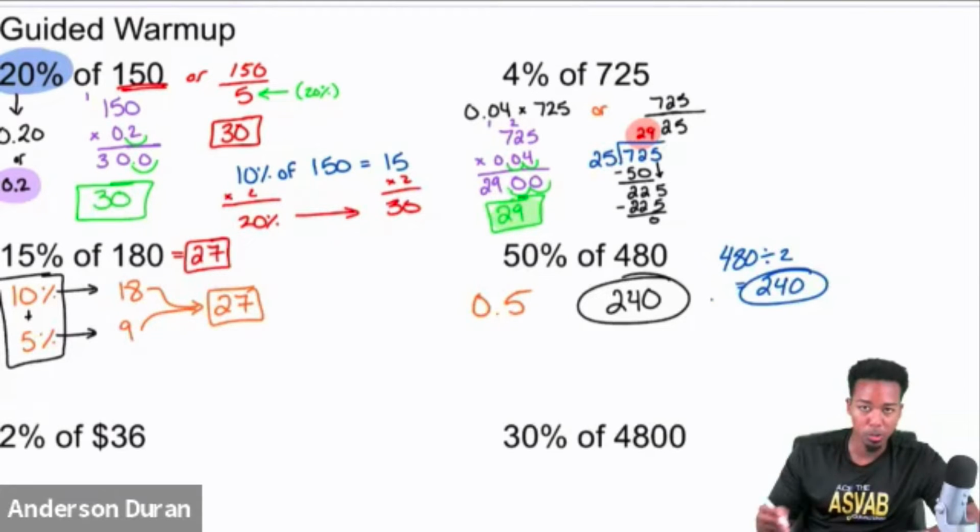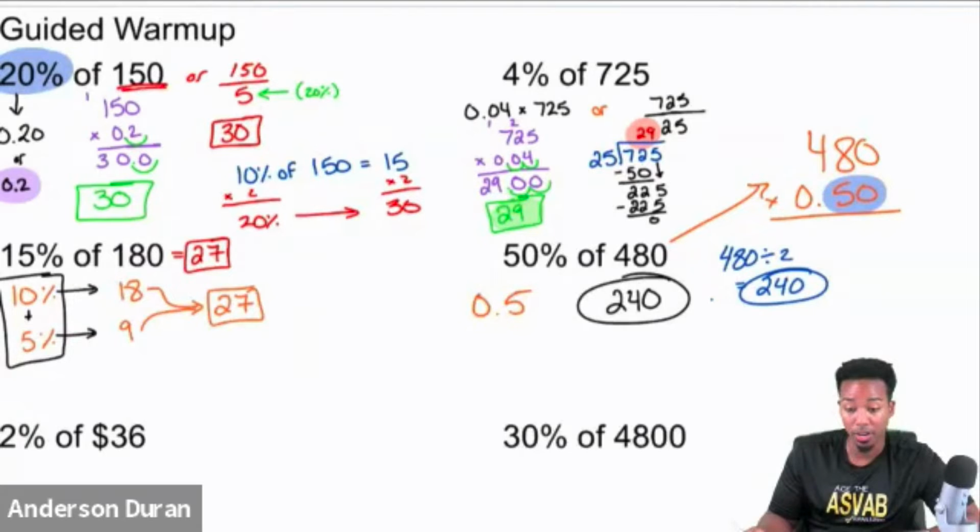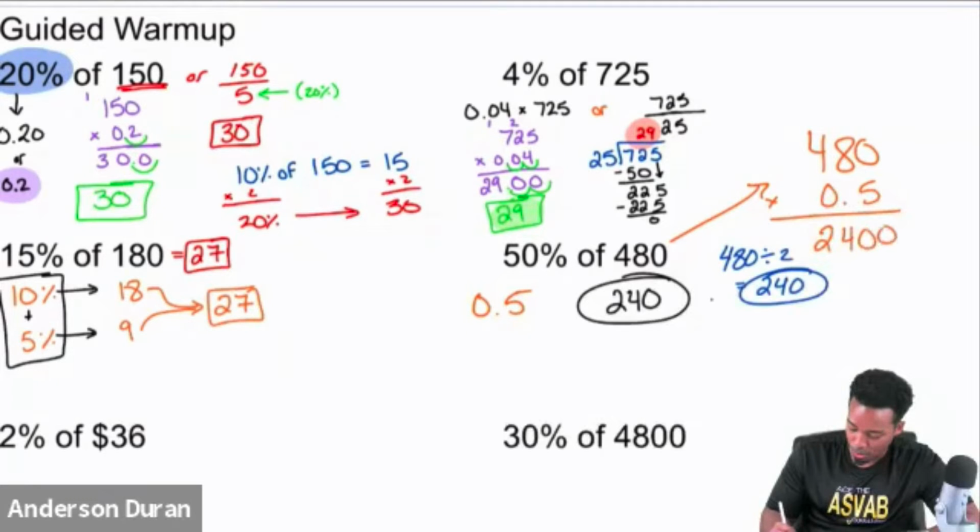But when you multiply, if you're doing the 0.50, you got to make sure that you do both layers here. That's why I really suggest taking that 0 out because it's not even necessary, which is going to give you an easier time because you'll end up getting 2400 and you'll only move the decimal place 1 time back.